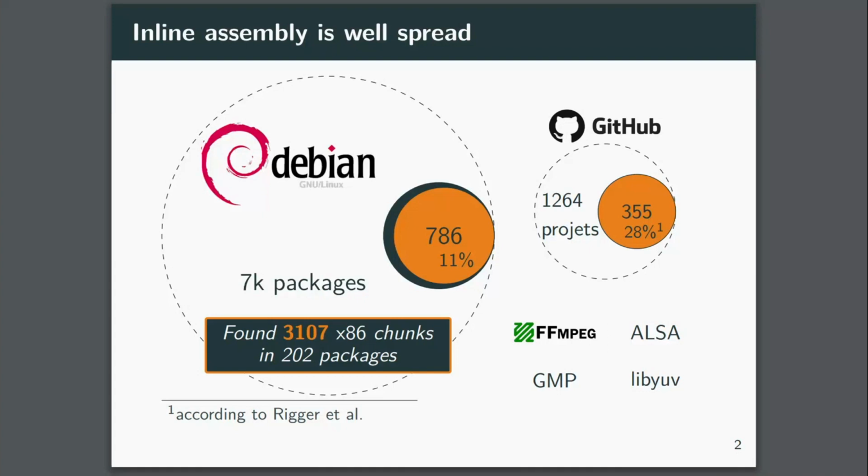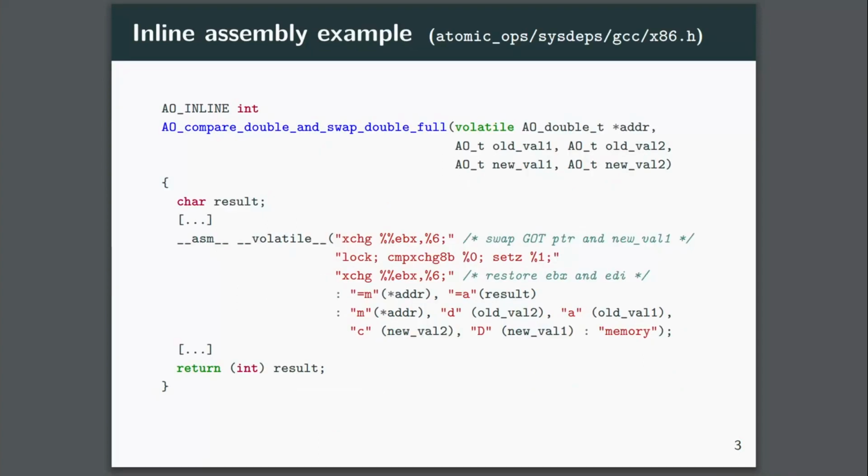In fact, inline assembly is used to optimize performance-sensitive parts of the code, like multimedia libraries such as FFmpeg or ALSA, or scientific computation like GMP. So here is an example of inline assembly, and I will come back to the structure later.